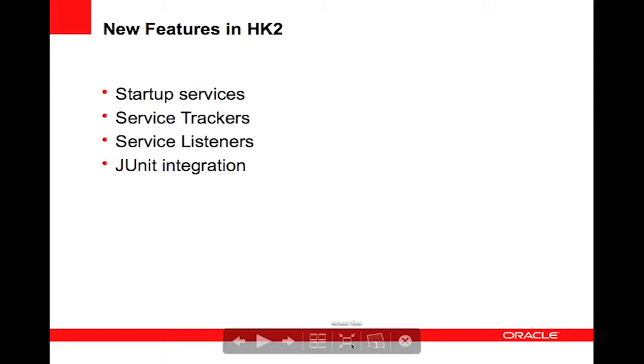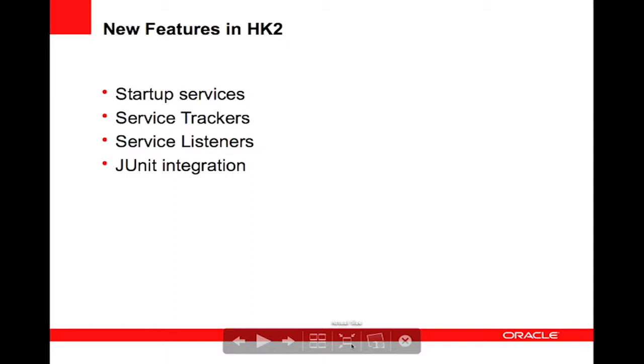Nevertheless, there were features that we thought were missing, and the first one was the ability to have a startup facility coded inside the HK2 product. That startup facility is the ability to define startup services, prioritize them, and have HK2 take care of starting them in the right order, with very specific steps that can be verified and achieved through annotations.